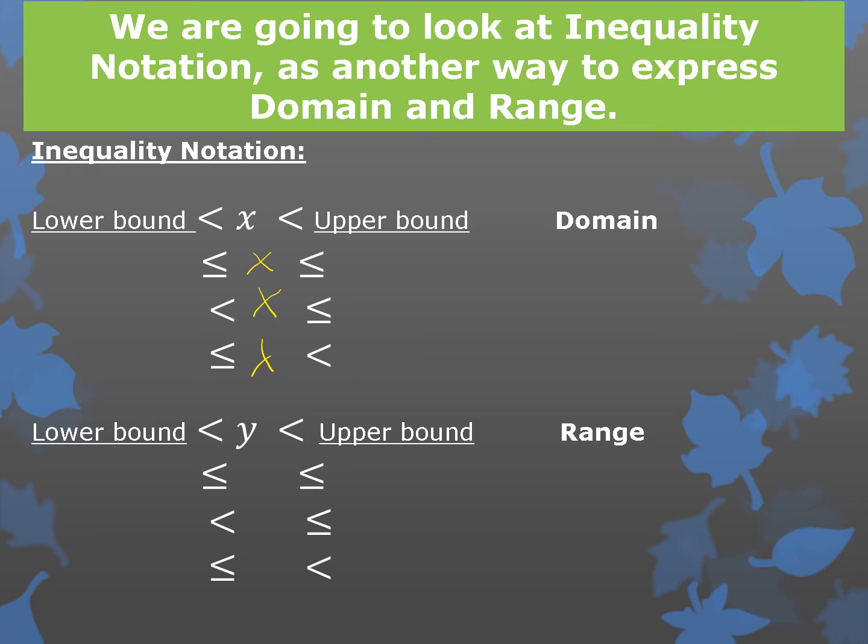That's why we have the lower bound on the left and the upper bound on the right. Now, for range, same idea. It's always y in between the inequality symbols. The lower bound is still on the left, the upper bound is still on the right. And again, I've given you all the different combinations you could have, but just know that if it's range, it's y in the middle.